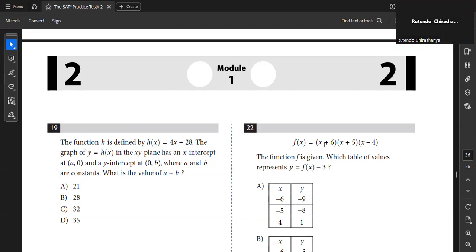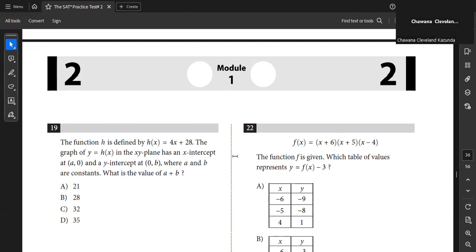Okay, you think the answer is A, and why do you think the answer is A? We have another A in the chat. Why do you think the answer is A? Real quick, that's by using substitution. The first coordinates say x is a and y is 0. So you're going to say 0 equals 4x plus 28.